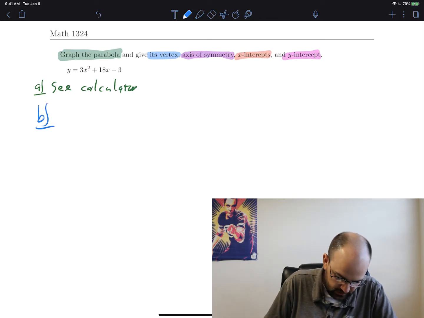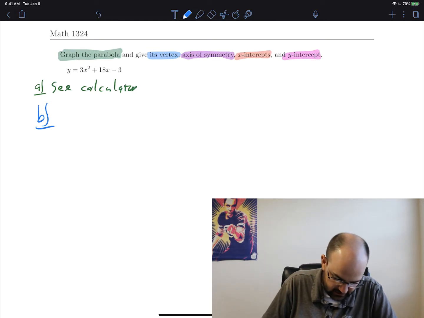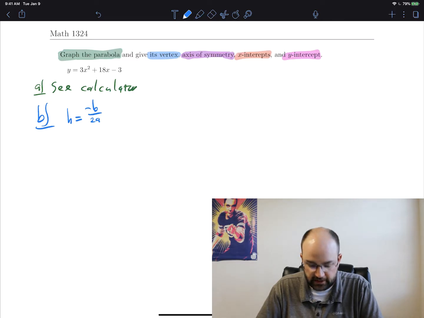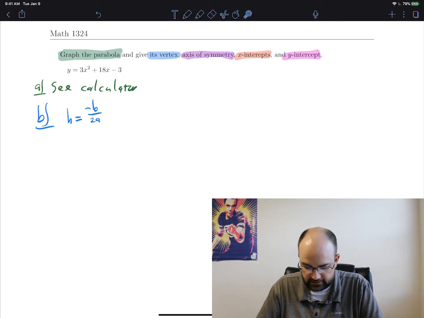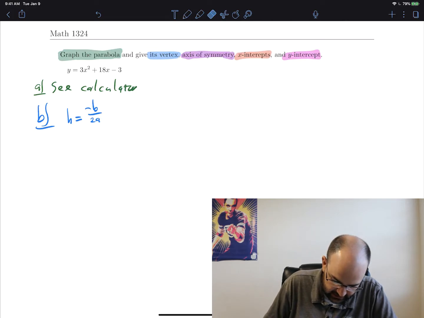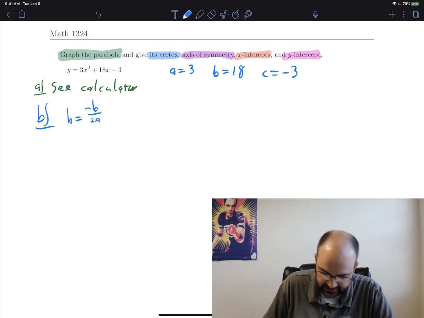Okay, so letter B, find its vertex. The vertex occurs, at least the x-coordinate of the vertex occurs at h equals negative b over 2a. That's a very important formula to memorize, that and the quadratic formula. So h equals negative b over 2a. In this case, a is 3, b is 18, and c is negative 3.